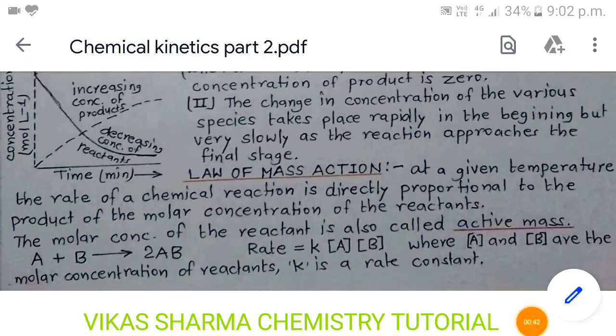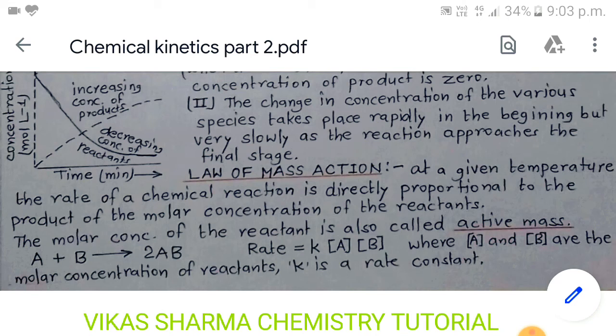Law of mass action. At a given temperature, the rate of a chemical reaction is directly proportional to the product of the molar concentration of the reactants. The molar concentration of the reactant is also called active mass. If the reactants are A and B, they form the product AB.